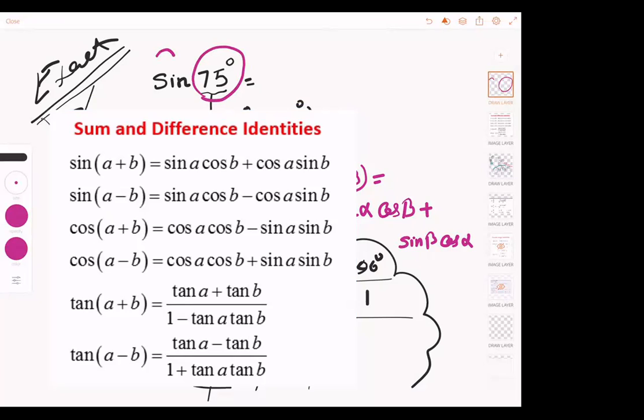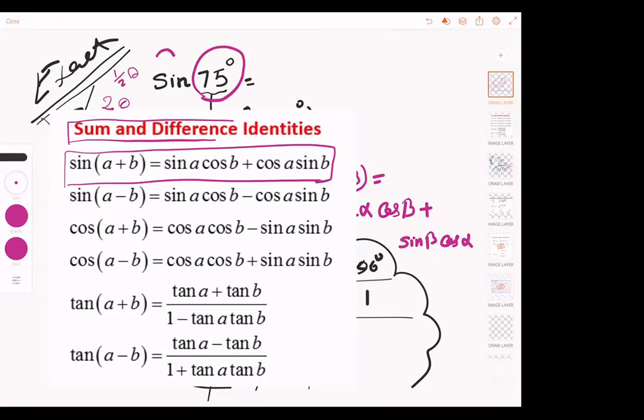Then you look at the set of formulas we have. We have sum and difference, then we have double angle, and we have half angle formula. We will see those, but so far we are dealing with the sum and difference formula identities. So you pick this one because we have sine of A plus B, or alpha plus beta.